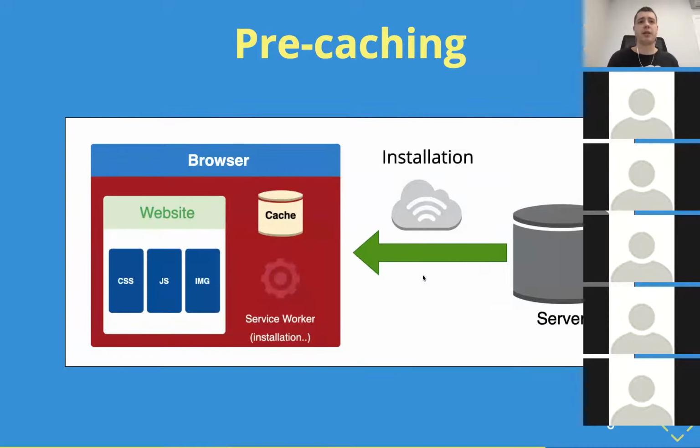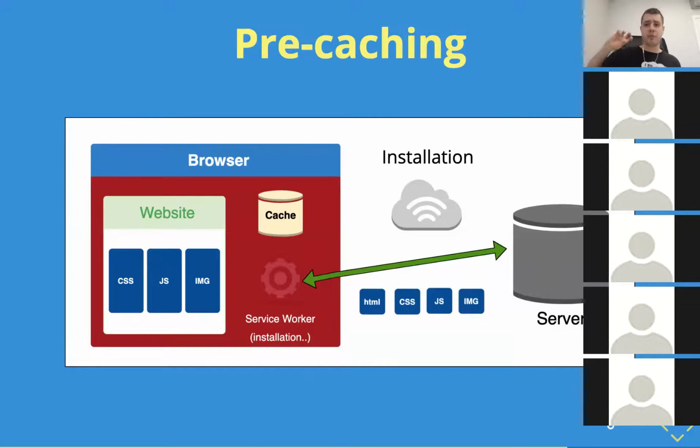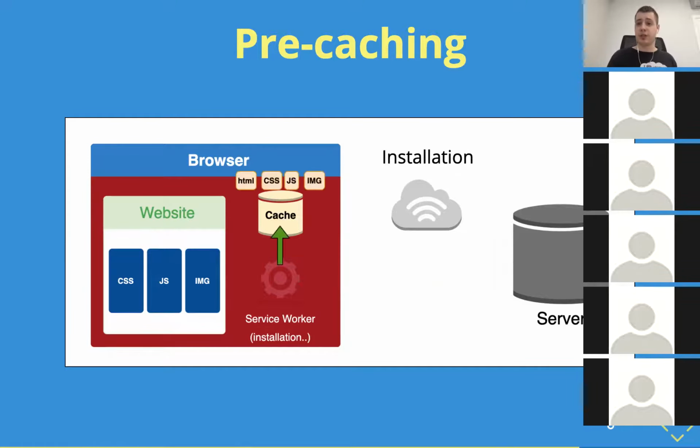What happens next? It doesn't get installed immediately in the browser. There's an installation phase where service worker can say, hey, I'm not installed, don't consider me as installed unless I load some HTML pages, some maybe heavy images, some maybe scripts, maybe JavaScript application or something, and put this in cache.